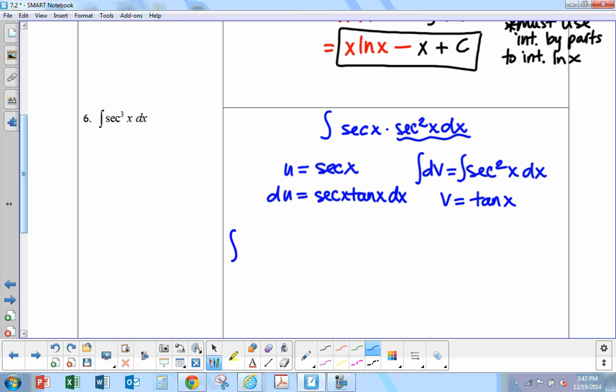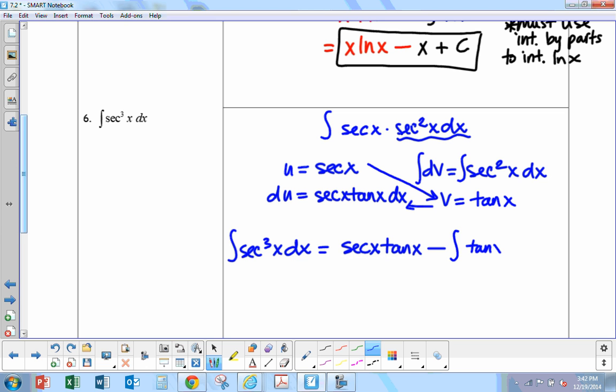And then I am integrating secant cubed of x dx with integration by parts. So that is equal to uv, so secant x tangent x, minus, and then I need to integrate, going across, the integral of v du.